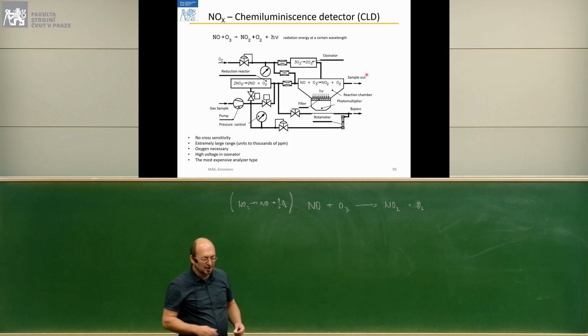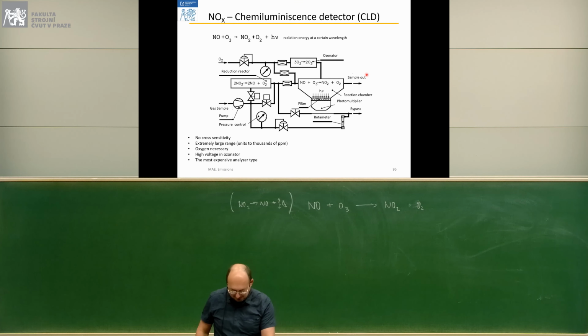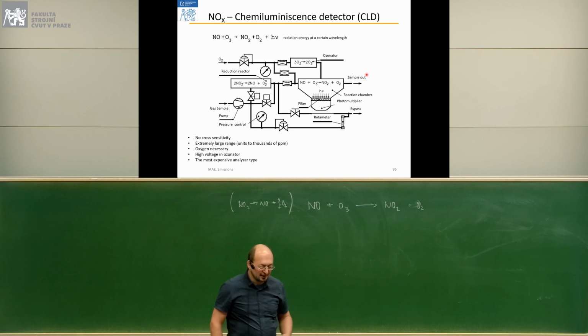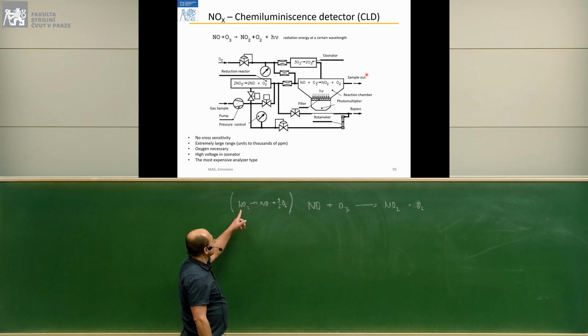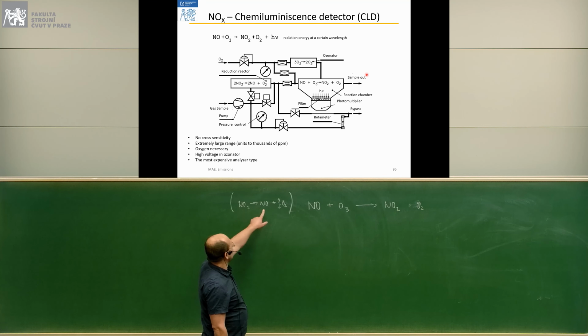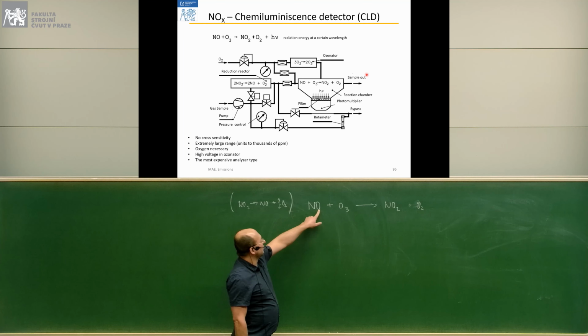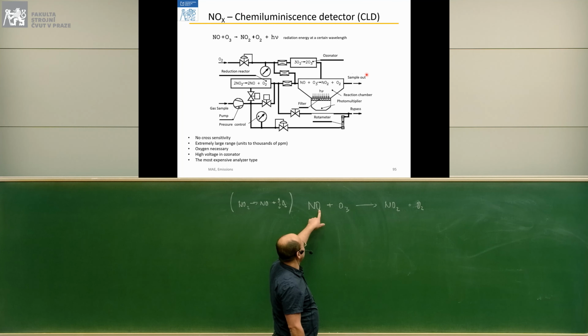This you can do on a heated catalytic converter. I believe it's platinum, for example. So you convert NO2 into NO, then you measure the concentration of NO through a chemiluminescence detector.